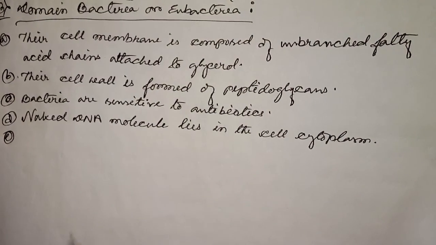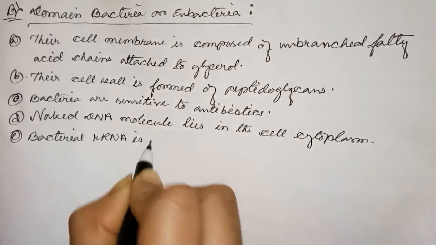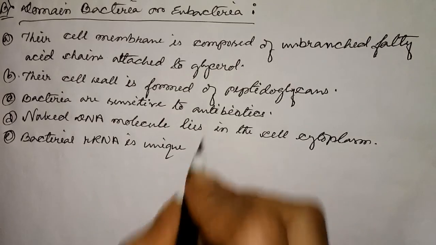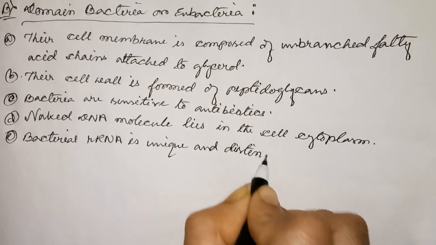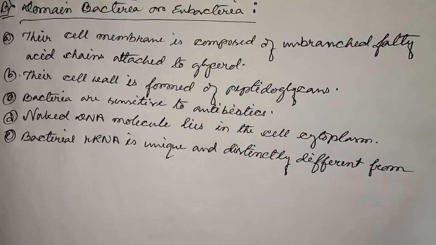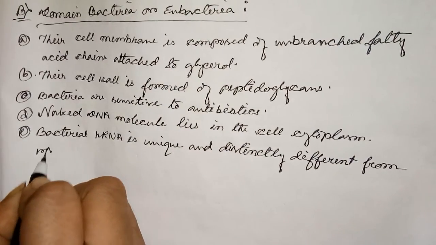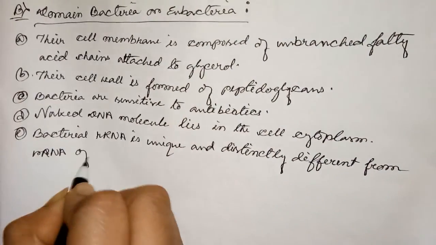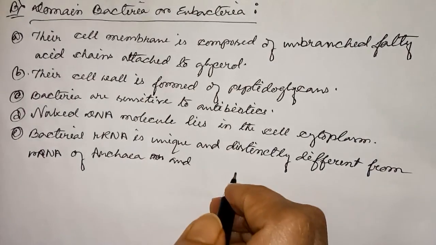Next feature is bacterial rRNA is unique and distinctly different from rRNA of archaea and eukarya.